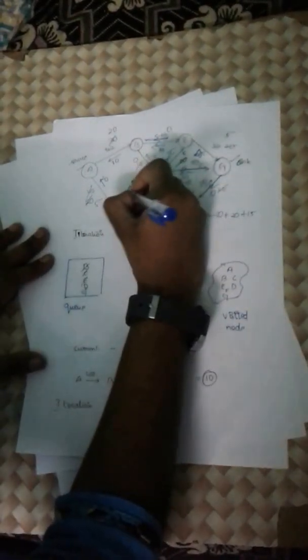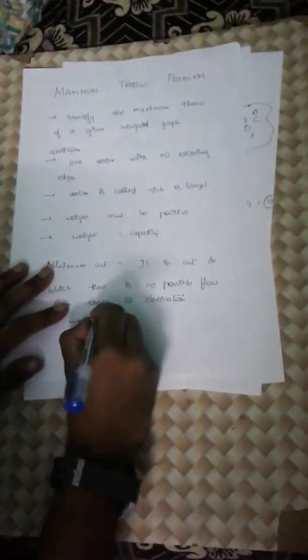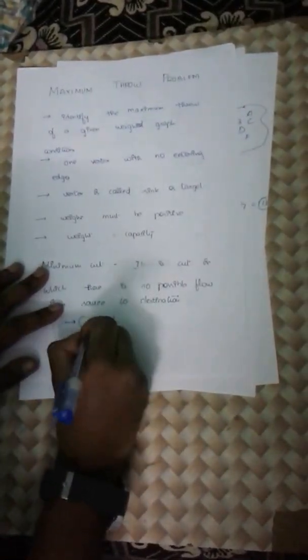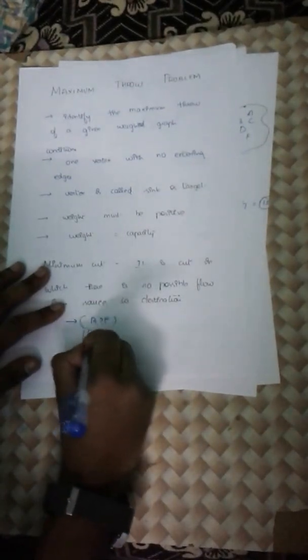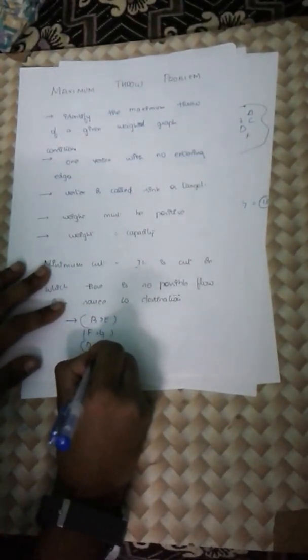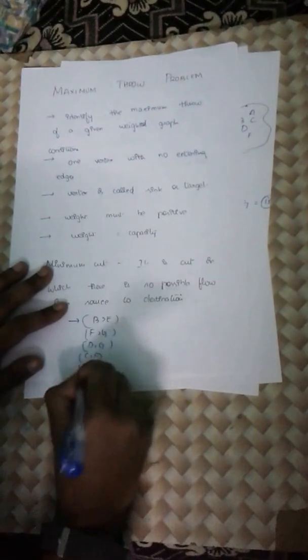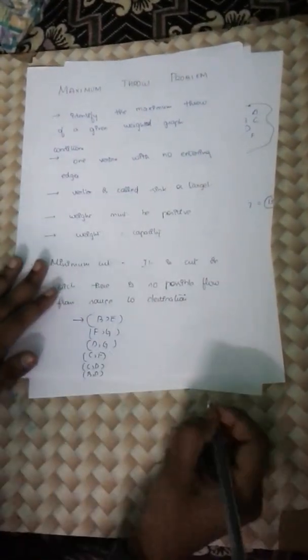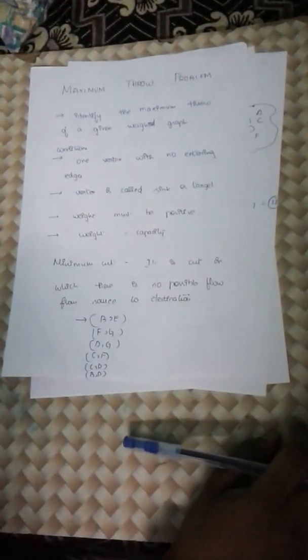C to D we have a minimum cut, and B to D also we have a minimum cut. So I'm going to list that here: B comma E, F comma G, D comma G, C comma F, C comma D, and B comma D. So that's it for the maximum flow problem.